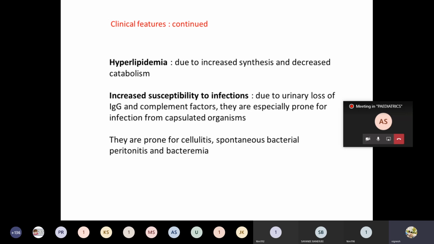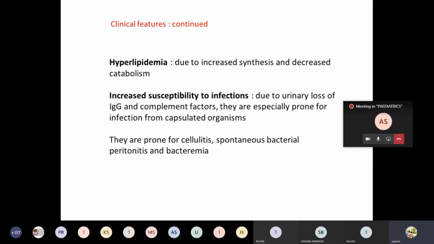Similarly, such children are going to be susceptible to infections because the immune system is lost and the complement factors are also lost. Usually in the complement system, we see complement 5 decrease.